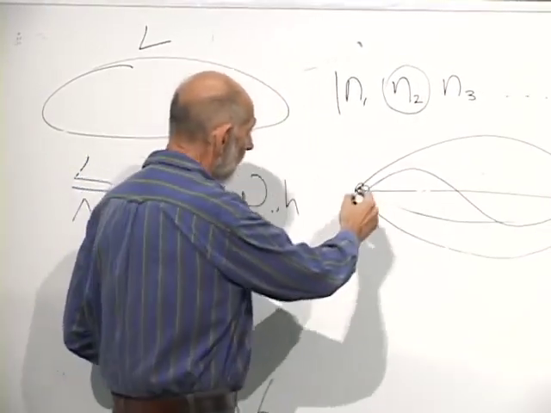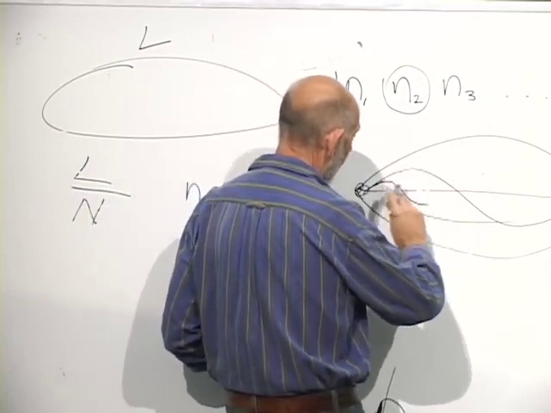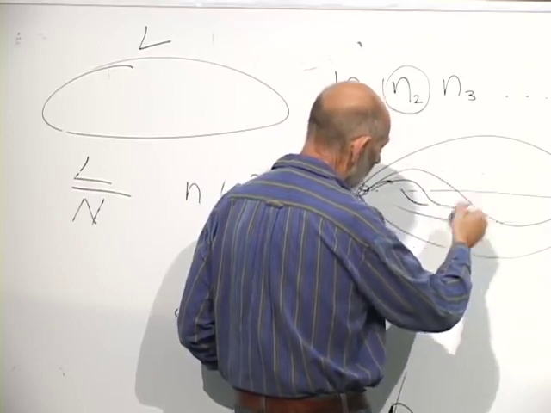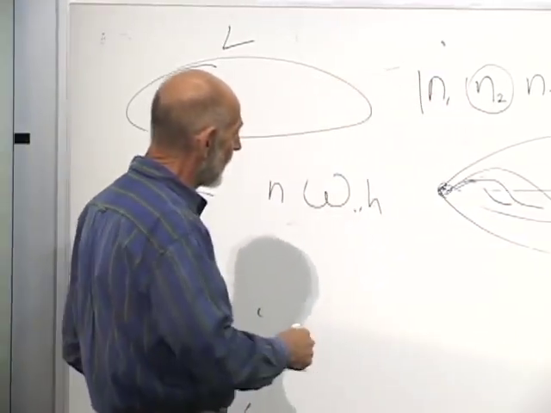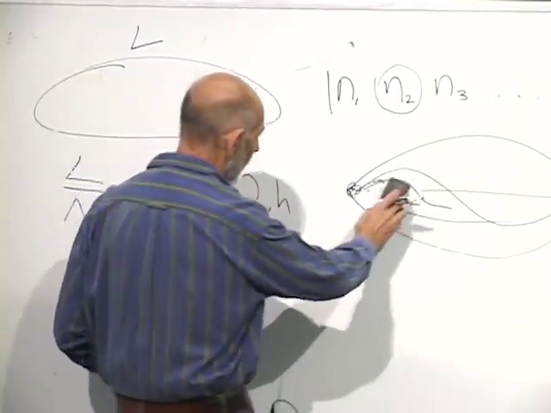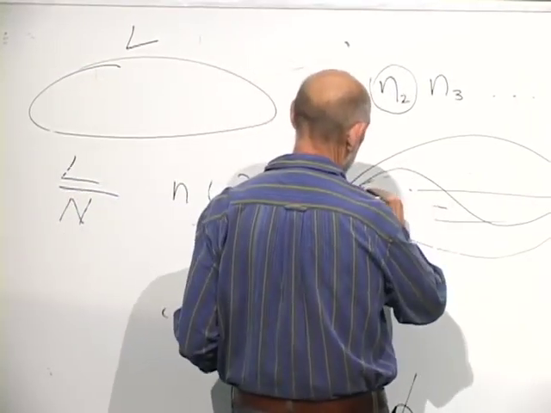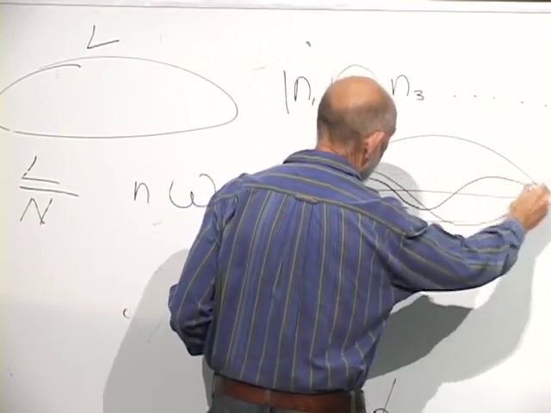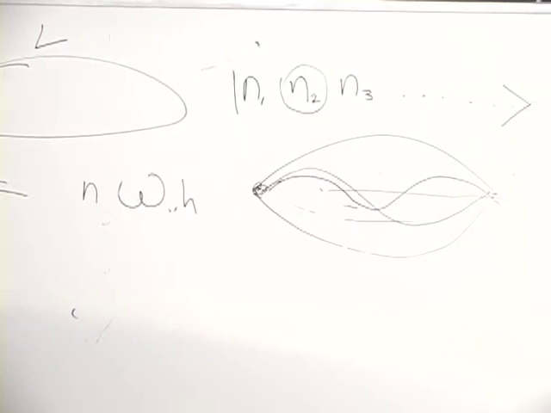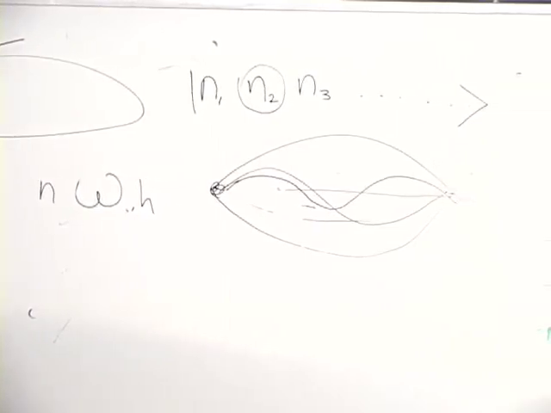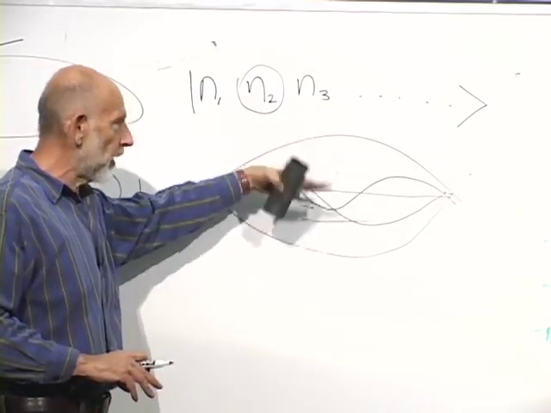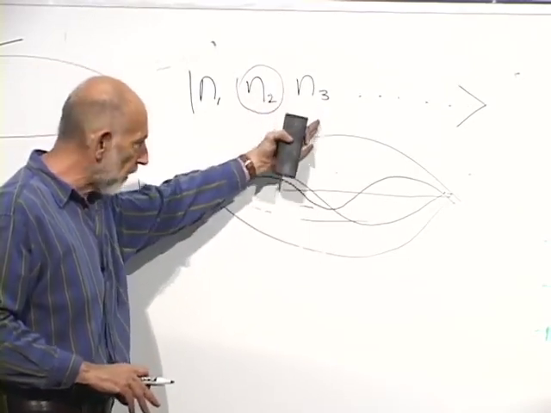And then we could add oscillations on top of that. I always have trouble drawing this next one. I can't draw it, you know what I mean. 3 with 2 nodes, but it would have 3 times the frequency, right? 3 waves fit in that, an oscillation like that has 3 times the frequency. And how many quanta would we put in? Well, we can put any number in, but that would be N3.